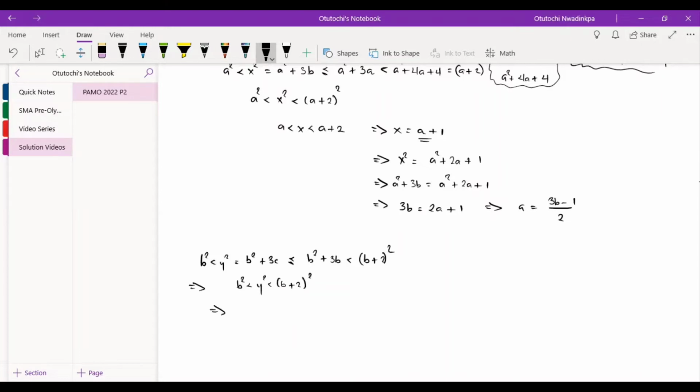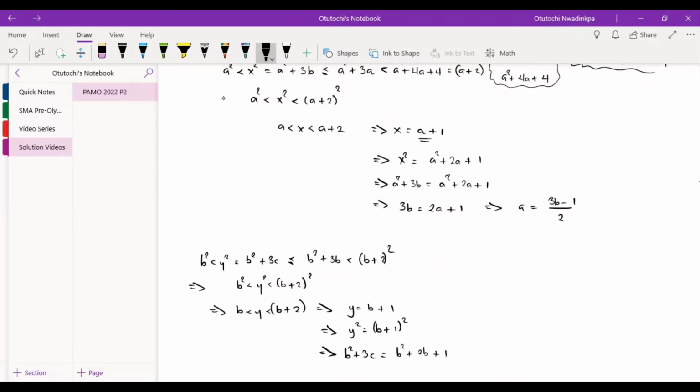So now this is going to imply that b is less than y less than b plus 2, which in turn implies that y is equal to b plus 1, which implies that y squared is equal to b plus 1 squared, which implies that b squared plus 3c is equal to b squared plus 2b plus 1.